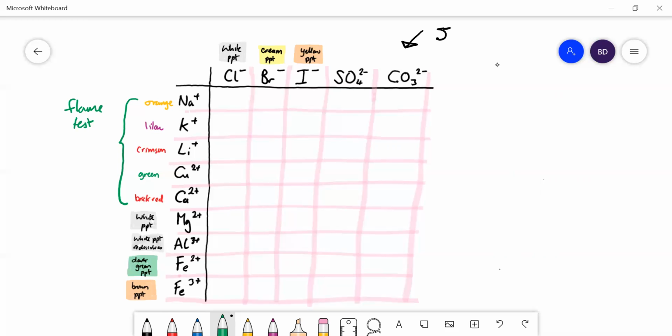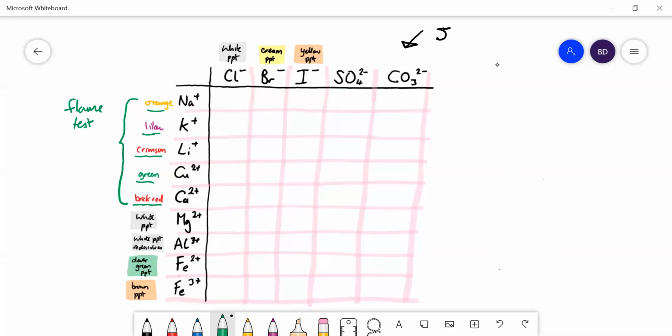So if you get any sodium ions, it will look orange. Potassium will look lilac. Lithium is a bright crimson color. Calcium gives you a less intense brick red color, and copper gives you a green color.